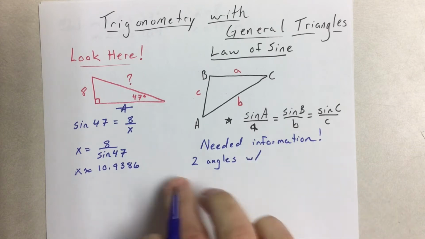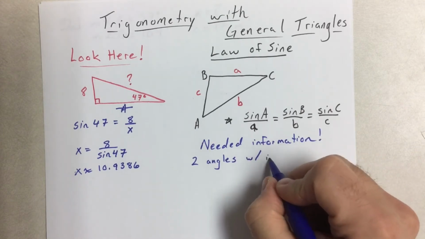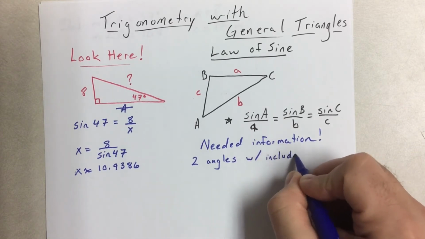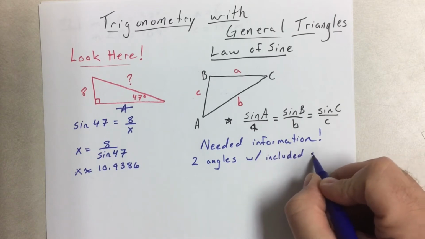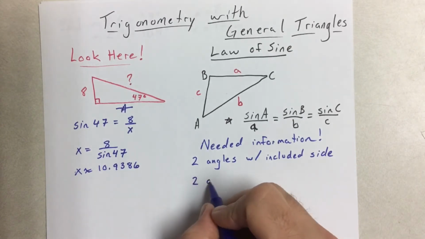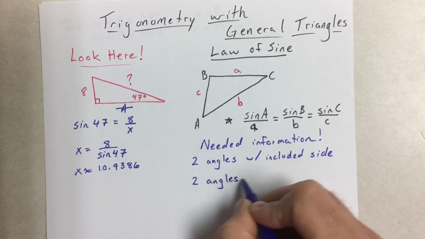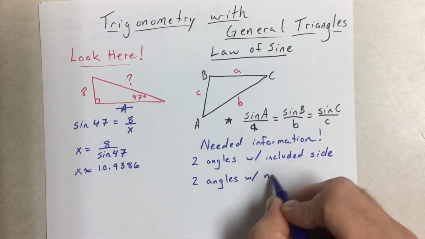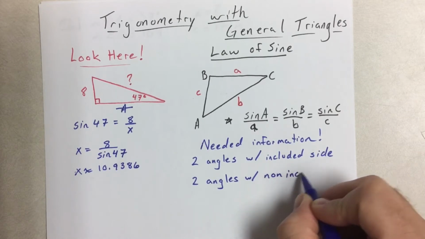So the first situation is we have 2 angle measures with the included side. And the other situation is 2 angle measures with the non-included side.